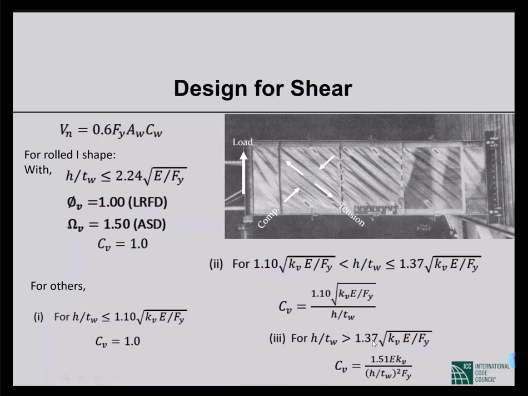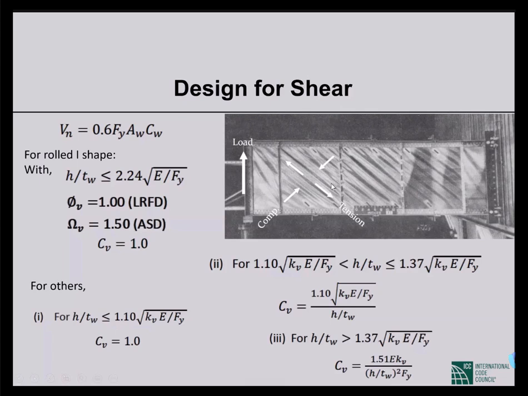We understand very well when you see this picture that there is a beam with stiffeners and a very thin web. If this beam is applied with a vertical load, transverse to the longitudinal direction of the beam, that causes shear. It's kind of panel shear we can see in between the stiffeners.